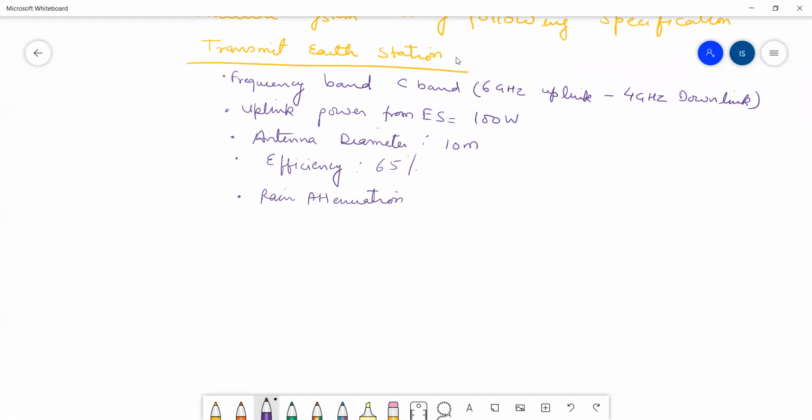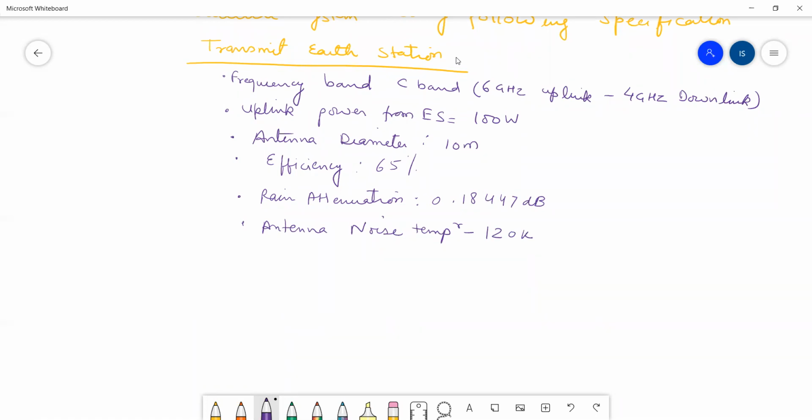Suppose the rain attenuation is given as 0.18447 dB and the antenna noise temperature is given as 120 Kelvin.